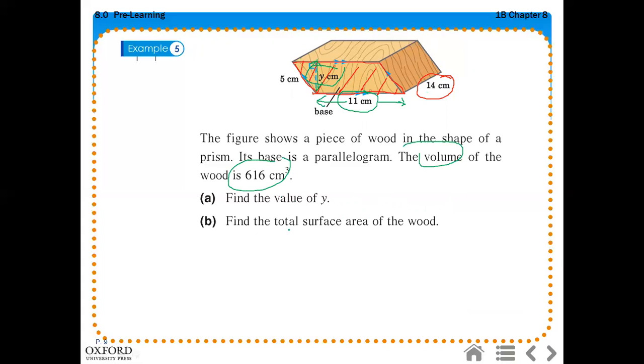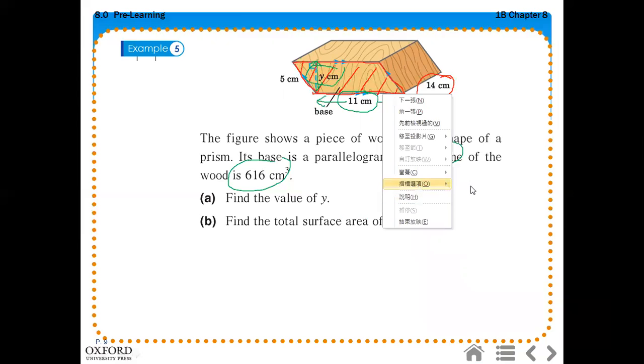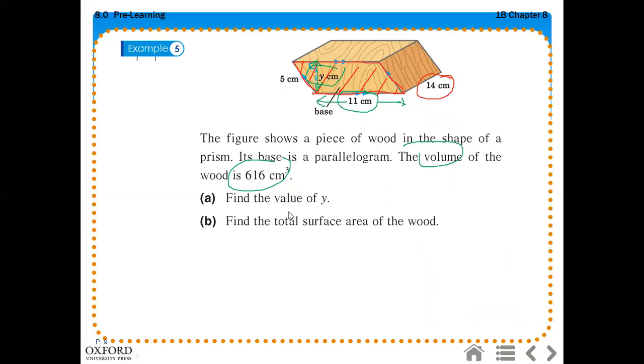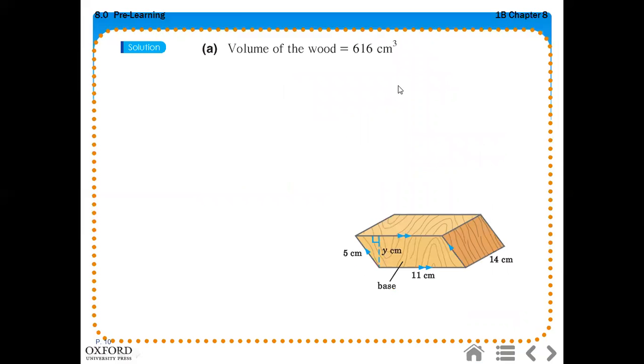And the part B, find total surface area. Find the area of all faces. So let's go to part A first. As total volume is 616, and volume is the base area times the thickness. And you find the unknown y.